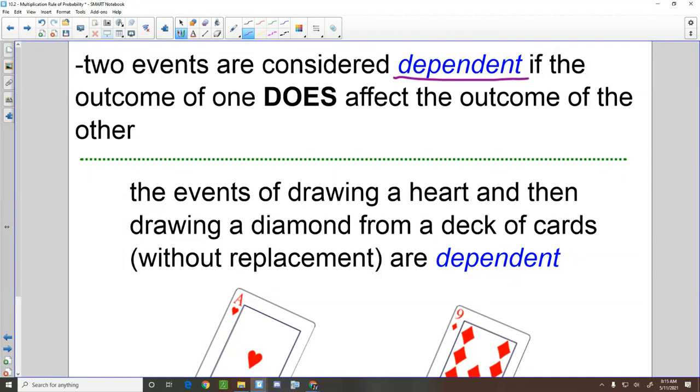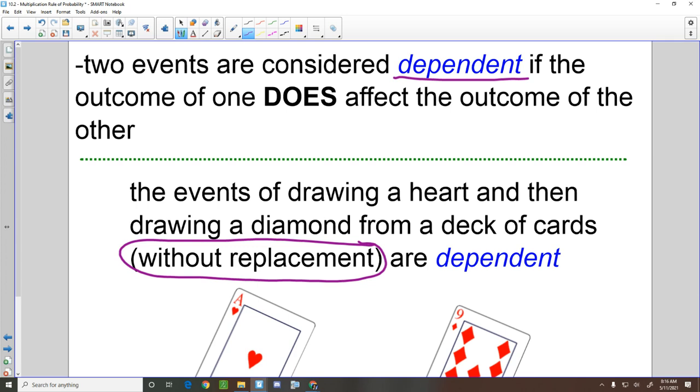So here's an example of that. What if my two events are both drawing a card from the same deck? What's the probability of drawing a heart and then drawing a diamond from a deck of cards? Now, a key phrase you're going to often see is without replacement, meaning after I draw that first card, does the probability for my second card change?